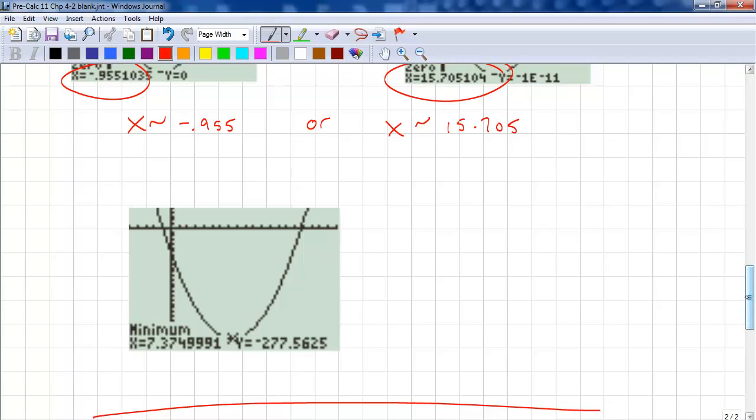Next, we calculate a maximum or minimum for the vertex. And it also gives us the axis of symmetry.